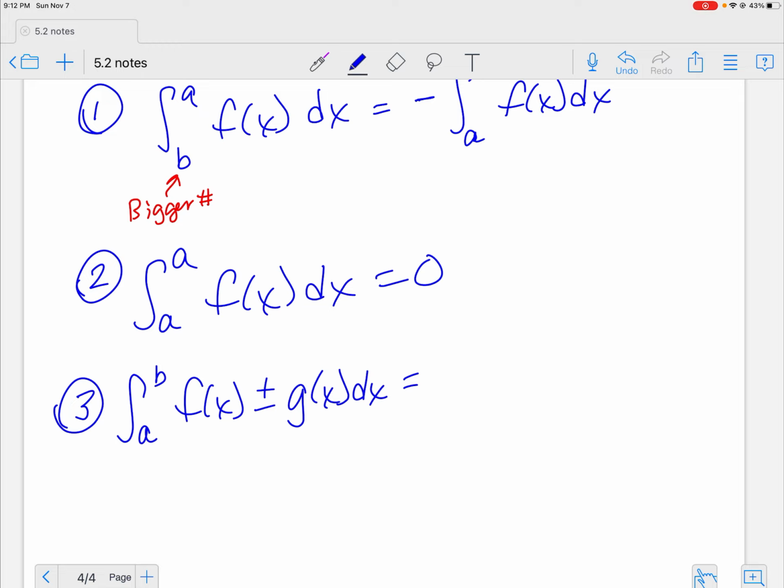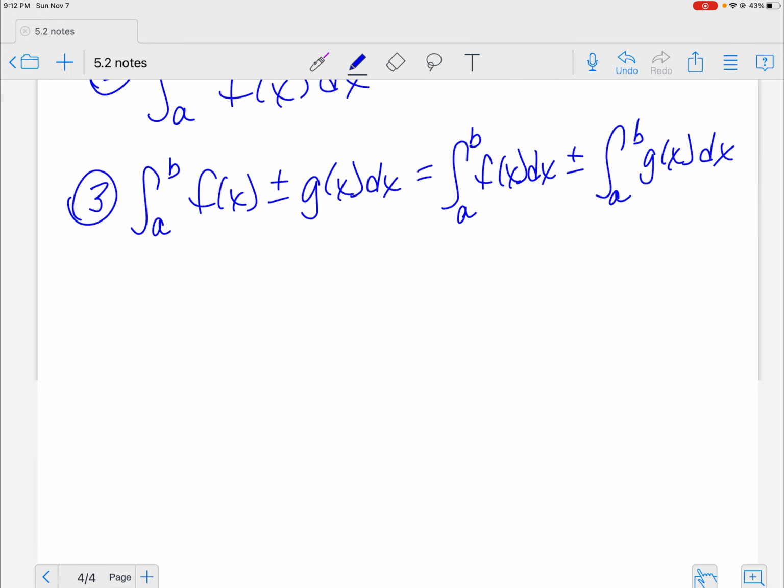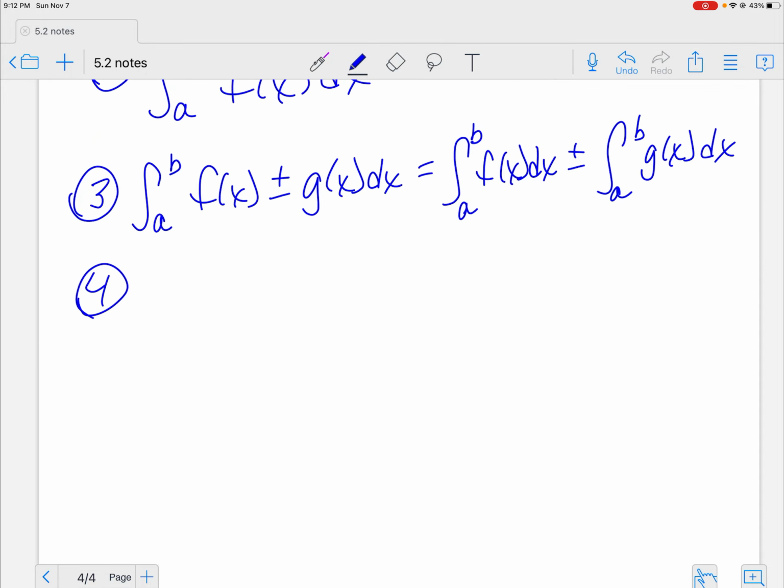So I can split this up. I can take the integral here of f of x, and I can add or subtract that to my integral here of g of x. We're not going to write it out like that. Just like we didn't with our derivatives, we just did it all at once. We're going to do that also here. But this is the concept.